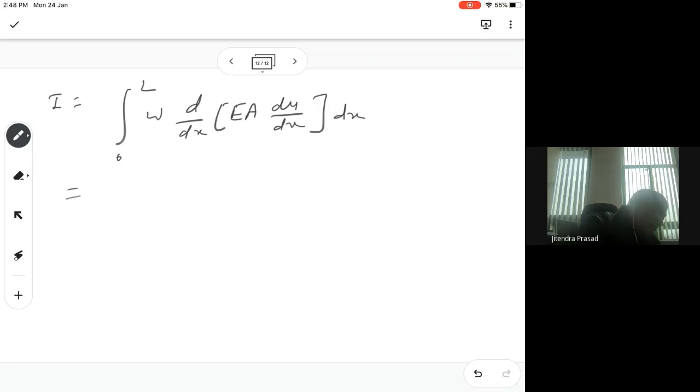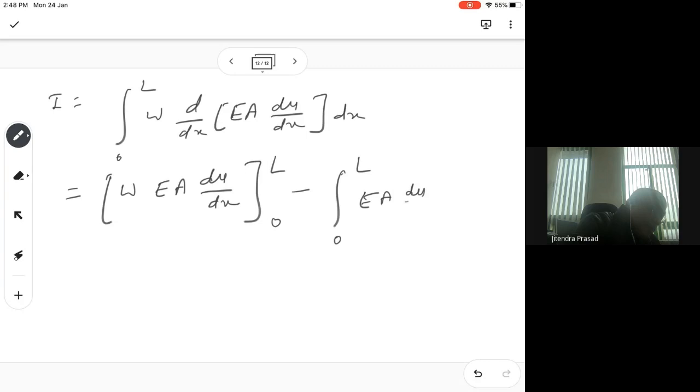We can have W multiplied by EA du over dx, evaluated between L and 0, minus the integral from 0 to L of EA du over dx times dW over dx.